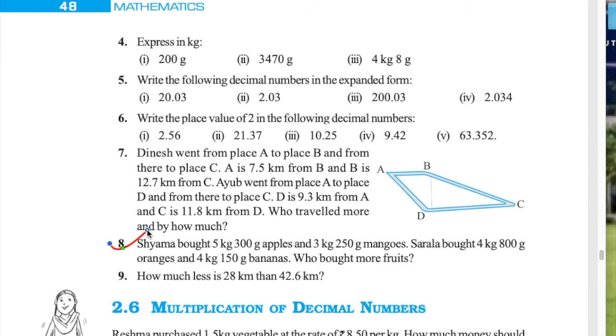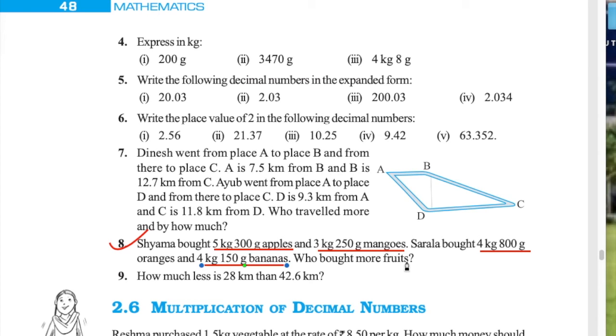Now we have to do question number 8. Shama bought 5 kg 300 gram apples and 3 kg 250 gram mangoes. And Sarla bought 4 kg 800 gram oranges and 4 kg 150 gram bananas. Who bought more fruits? So what you will do?